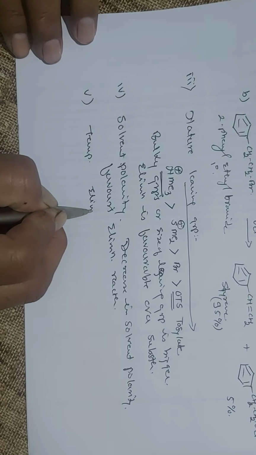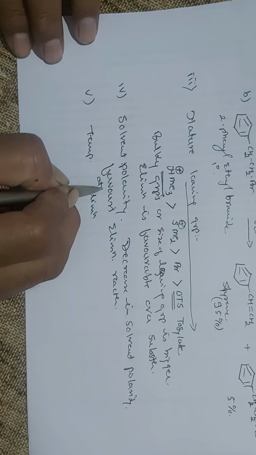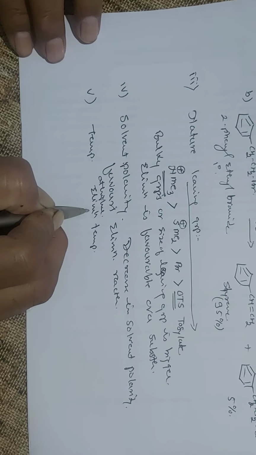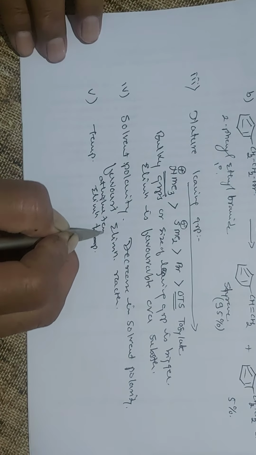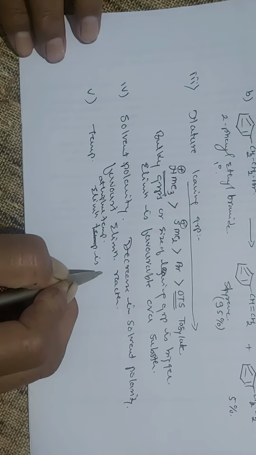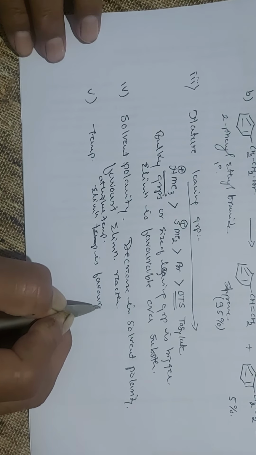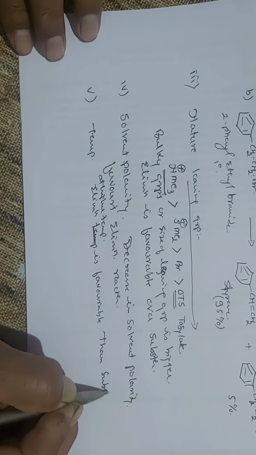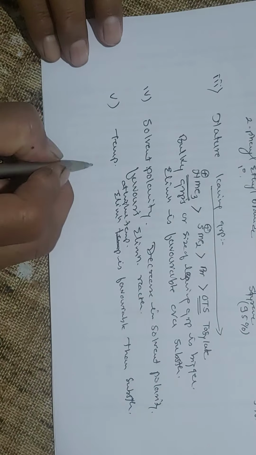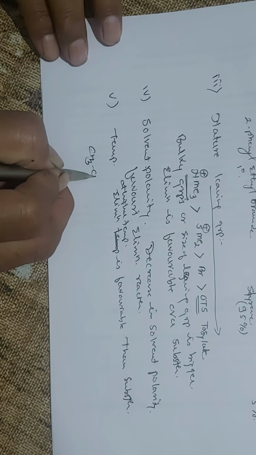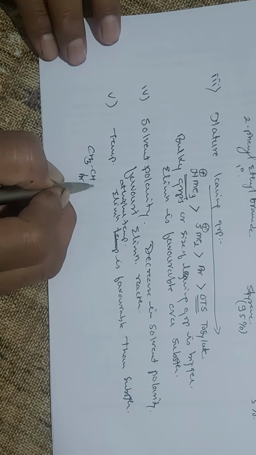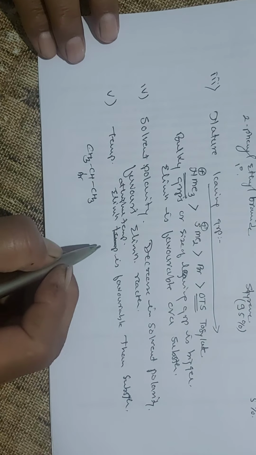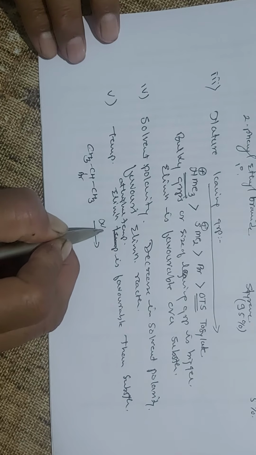Elimination is favorable at higher temperatures than substitution. The simple example is 2-bromopropane, CH3CHBrCH3, on reaction with NaOH.